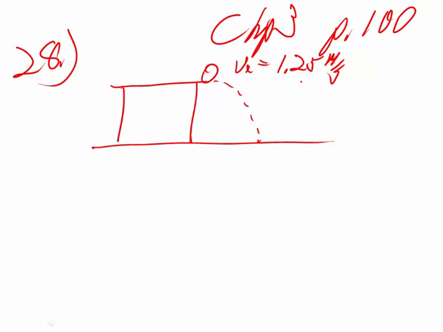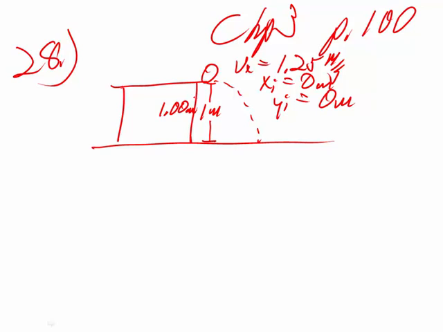So x initial when it comes off has to be 0 meters, and of course y initial is going to be 0 meters. From here to here, this distance, is 1 meter. Actually, it's 1.00 meter, so it's 3 significant figures. 1.00 meters. There we go.